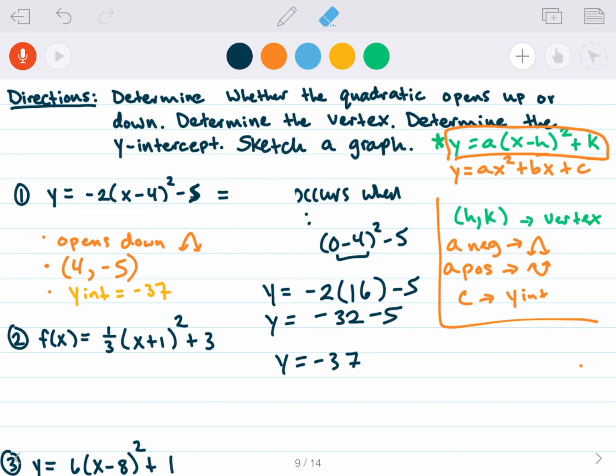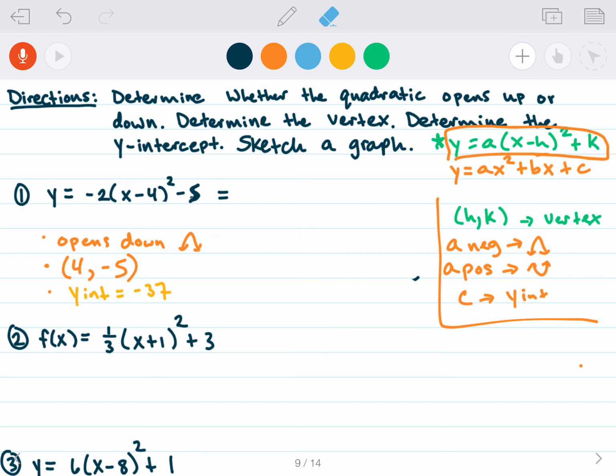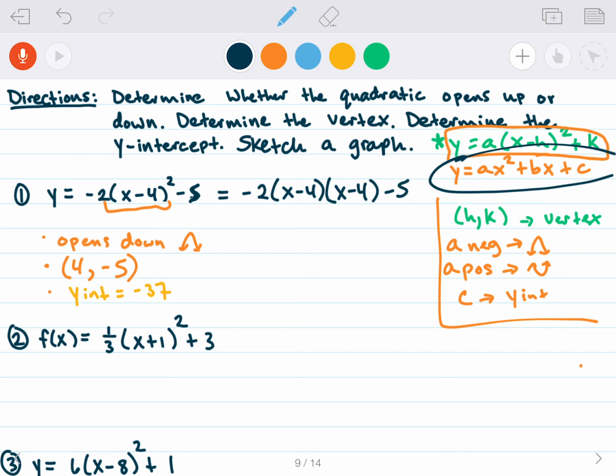We could also have figured this out by expanding this thing and putting it in standard form. I'm going to do it that way here, but I'm going to do it the easier way for the rest of them. I just want to show you. So if I expand this thing out, (x minus 4) squared is (x minus 4) times (x minus 4). And then we still have that minus 5. So I'm expanding this out with the hopes of making it look like this, so I can see what c is. Now I'm going to kind of ignore this -2 for now and just FOIL the (x minus 4) times (x minus 4).